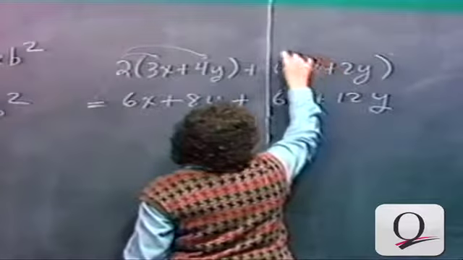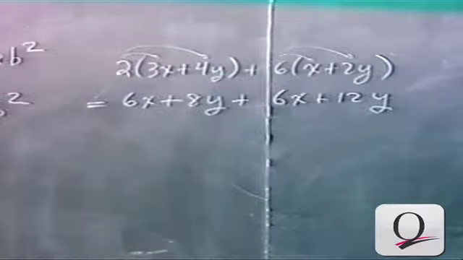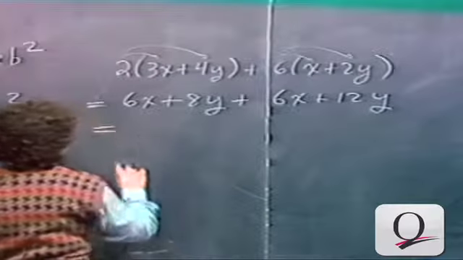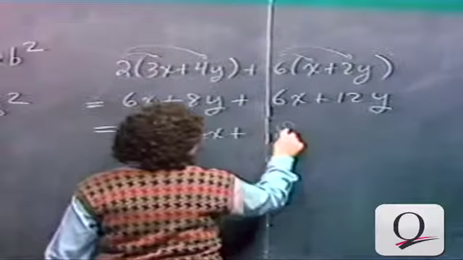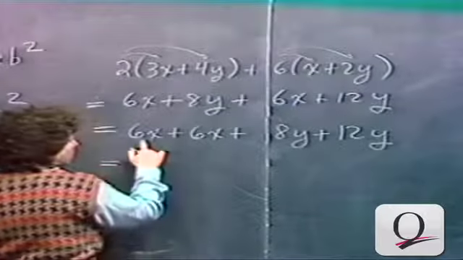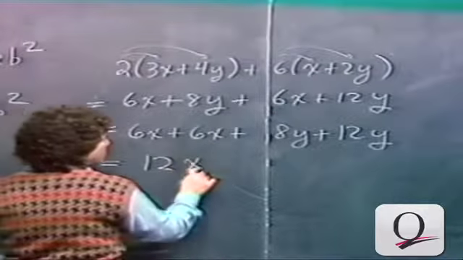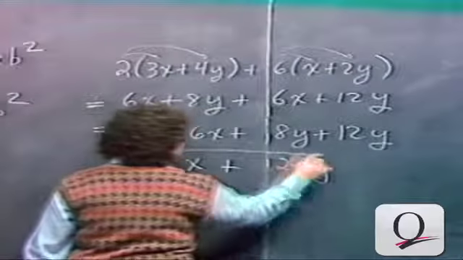The 6 multiplies the x and also the 2y. So then we can see we have 6x plus 6x plus 8y plus 12y for a total of 6 and 6, 12x, and 8 and 12, 20y.